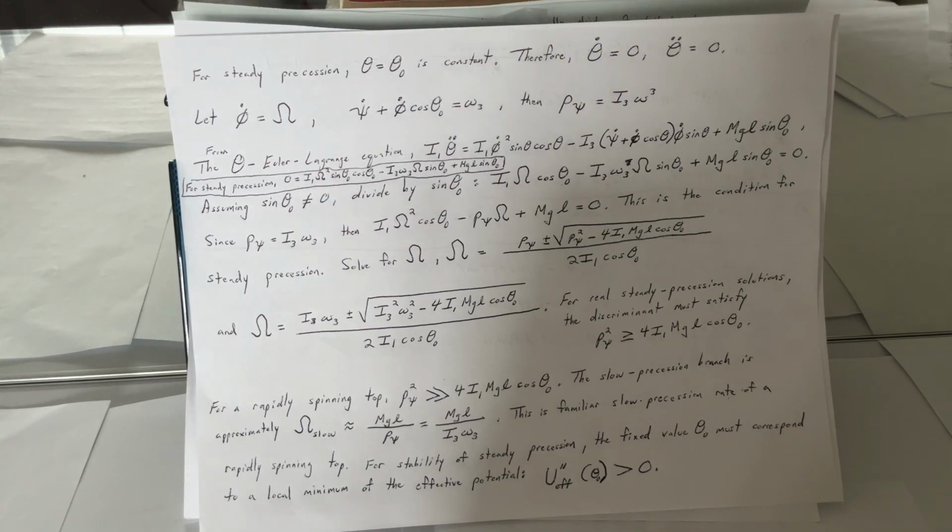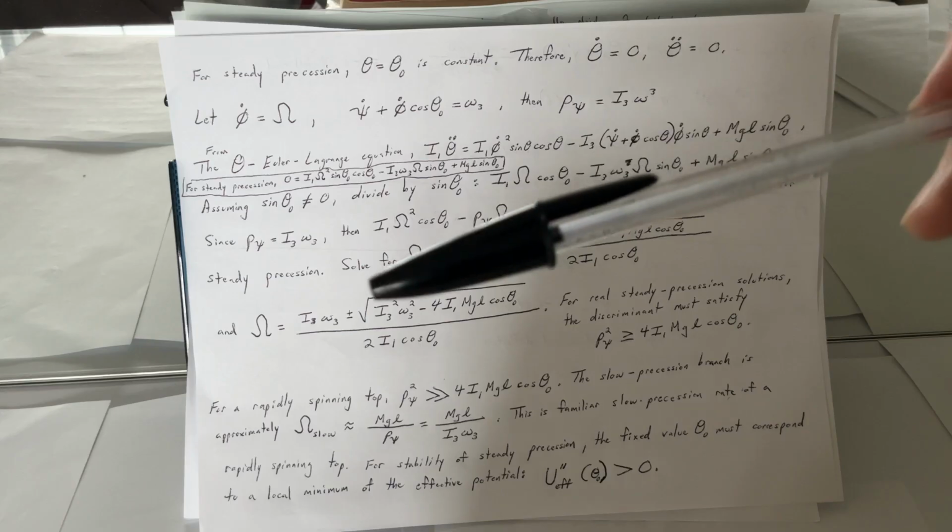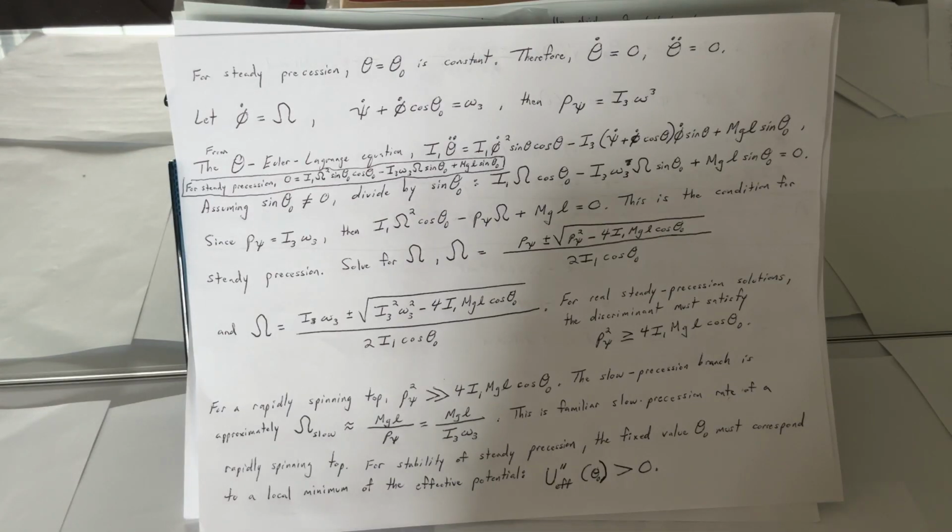And capital omega is going to be equal to this numerator, I sub 3 omega sub 3 plus or minus the square root of I sub 3 squared lowercase omega sub 3 squared minus 4 I sub 1 mgl cosine theta naught, divided by 2 I sub 1 cosine theta naught. So for real steady precession solutions, the discriminant must satisfy p sub psi squared greater than or equal to 4 I sub 1 mgl cosine theta naught.